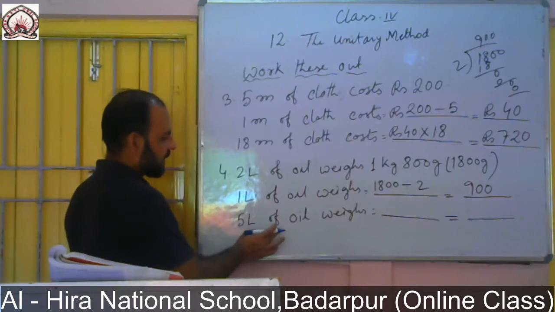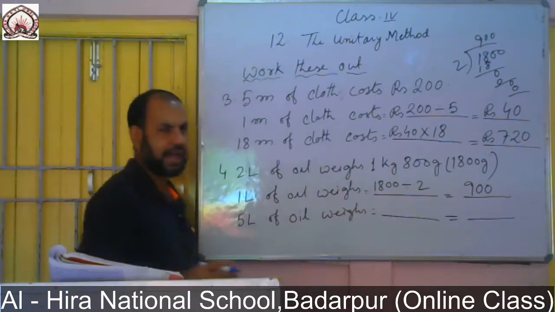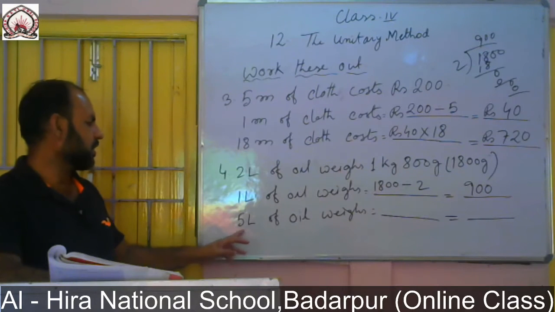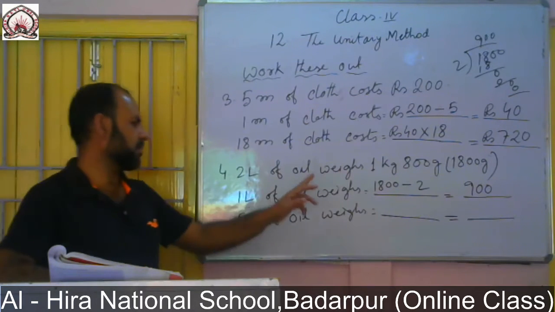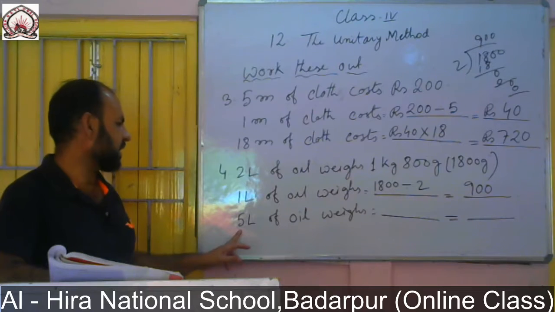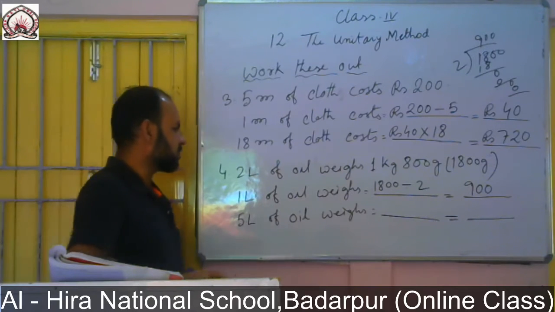Now 5 liters of oil weighs. First we take out 1 liter by divide, and if we take out 5 liters, so it is more than 1, that means it is multiply.